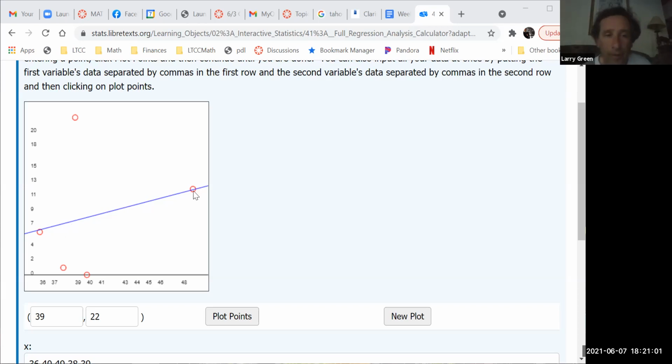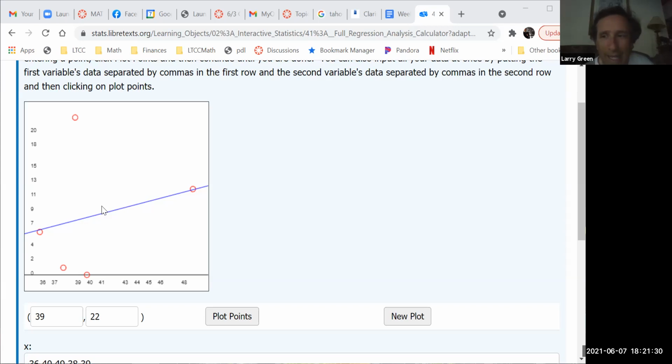It's very important. So in particular, for example, these 2 points right here are just about right on the line, so I'm going to use those. This first one was our lowest age, our youngest person, and that's the 36.6. The second one happens to be the oldest person, 49.12.